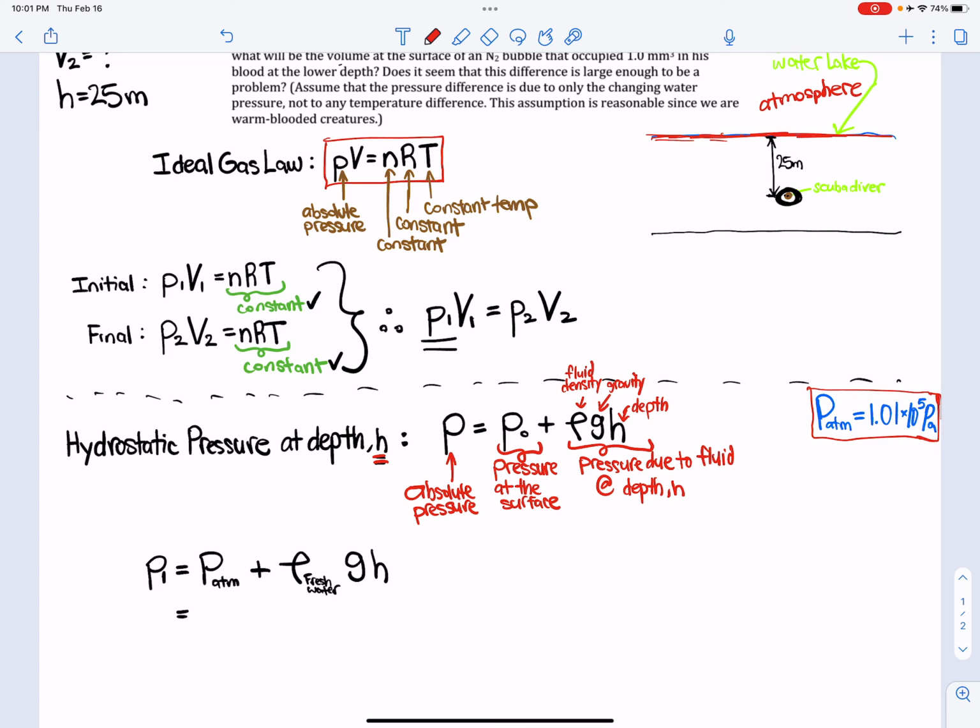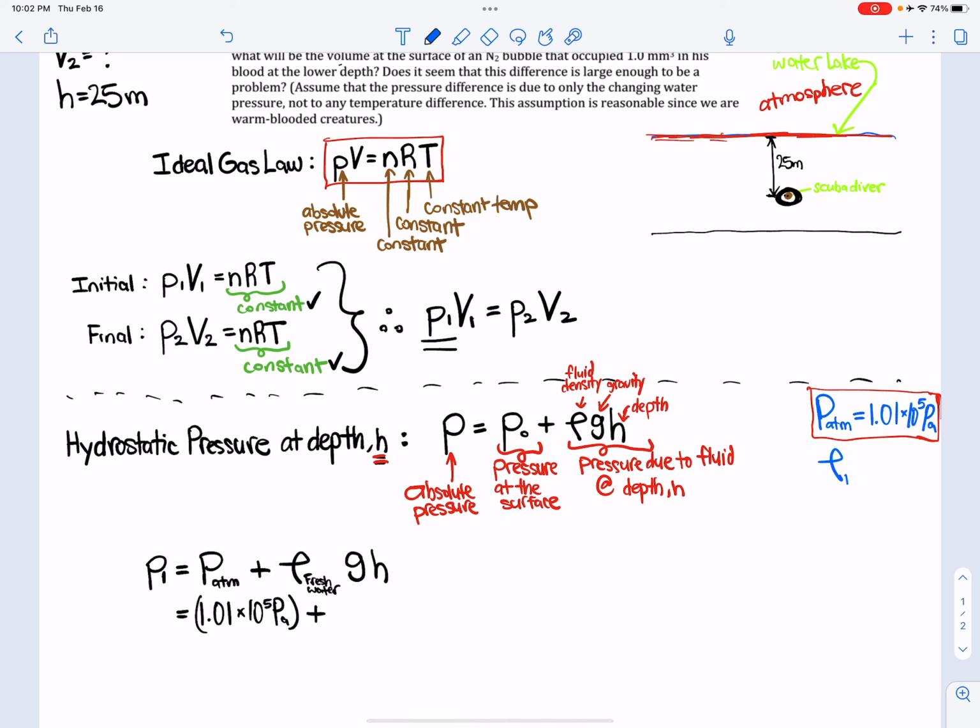So just plug in that value, and I just found that through Google, 1.01 times 10 to the 5 pascals. Plus the density of fresh water, which I also found on Google. I don't think you'll be expected to memorize that, but it might be given to you on a test.